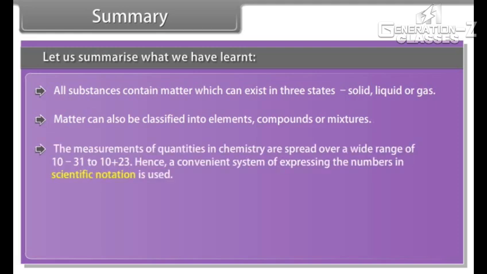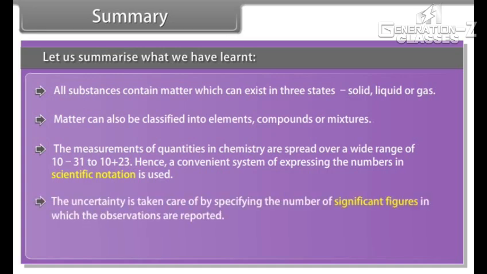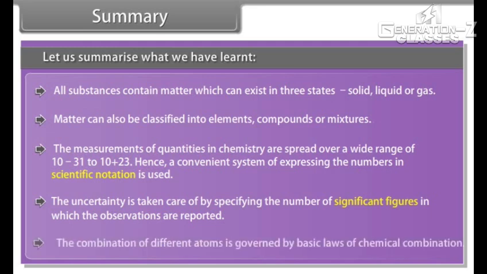The measurements of quantities in chemistry are spread over a wide range of 10 to the power minus 31 to 10 to the power plus 23. Hence, a convenient system of expressing the number in scientific notation is used. The uncertainty is taken care of by specifying the number of significant figures in which the observations are reported. The combination of different atoms is governed by basic laws of chemical combination.